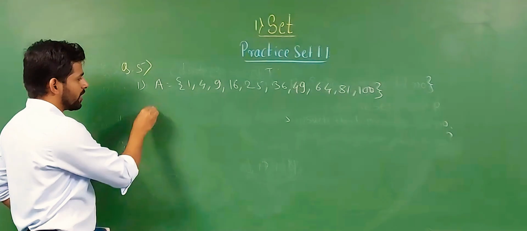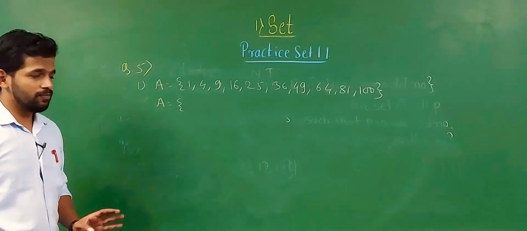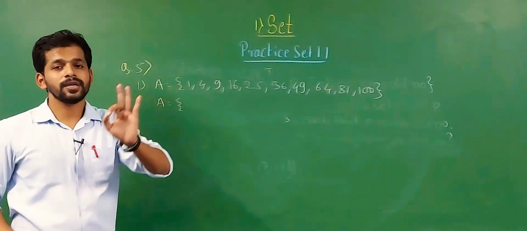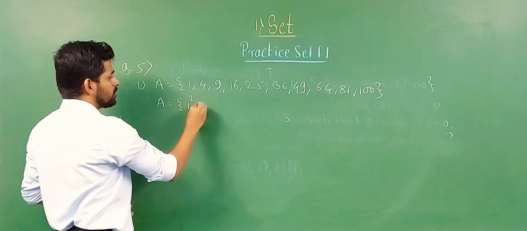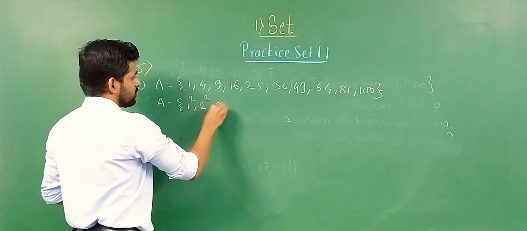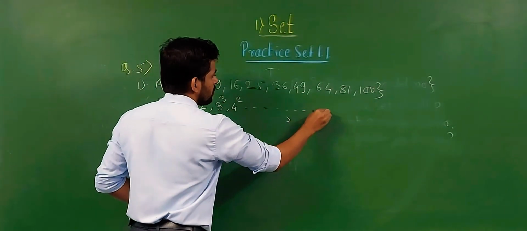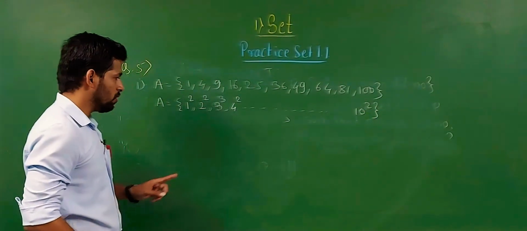First we write it in simplest form. When we observe all the numbers, we clearly see that these are all perfect square numbers. That is, 1 is the square of 1, 4 is the square of 2, 9 is the square of 3, 16 is the square of 4, up to 100 is the square of 10.